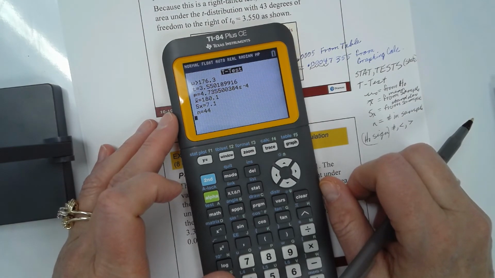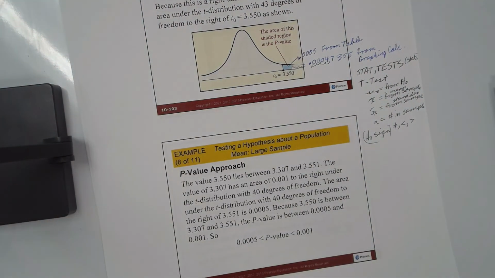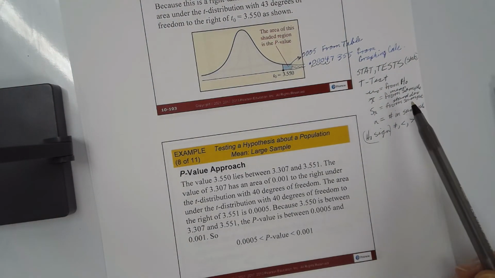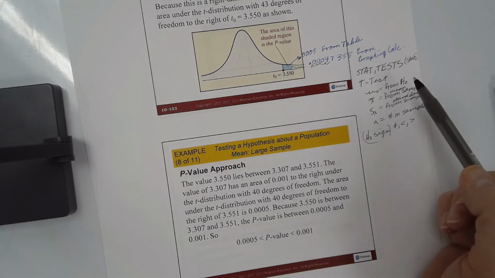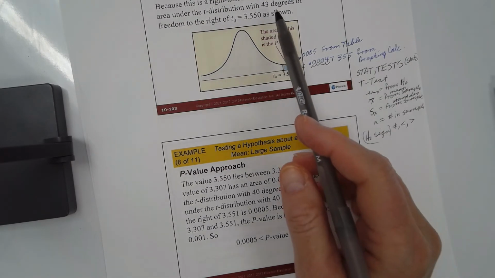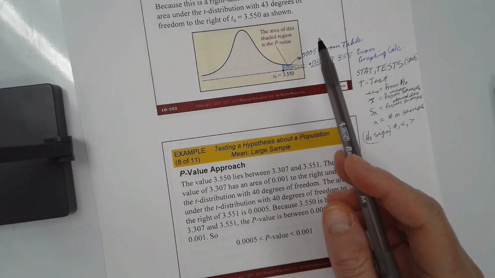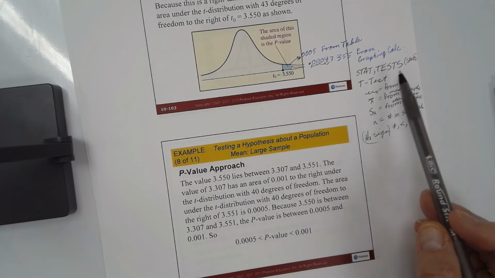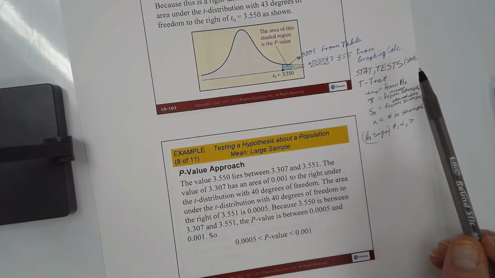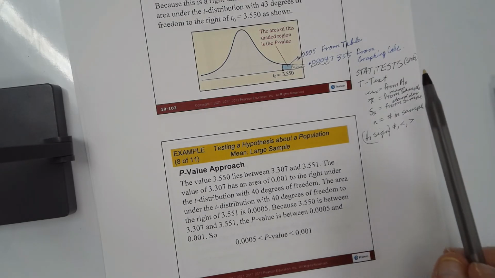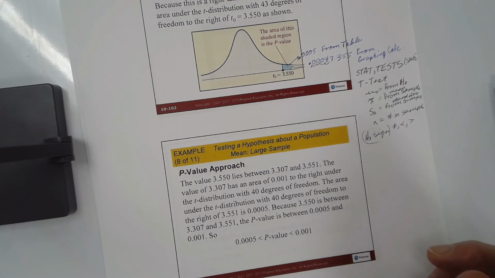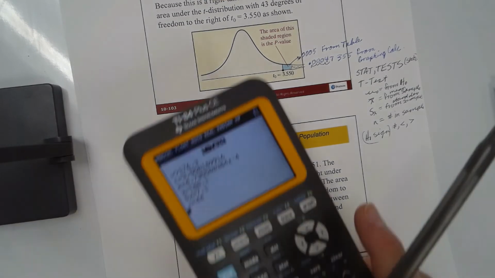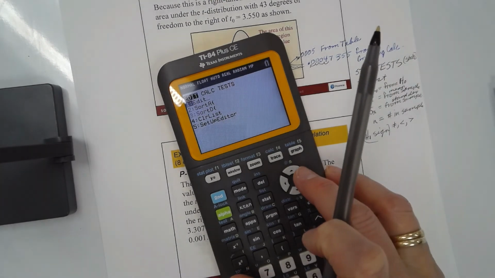So on your homework, when it says use technology to find the p-value, if you're doing a test for a mean, you're going to use t-test. If you're doing a test for a proportion, then it's going to be one prop. You're going to do stat tests.